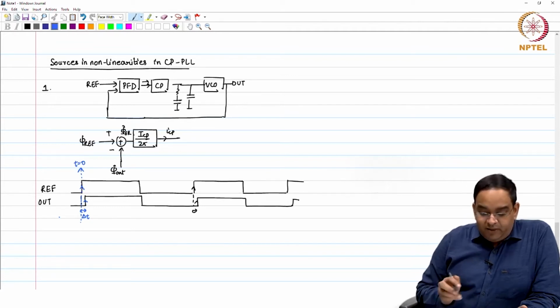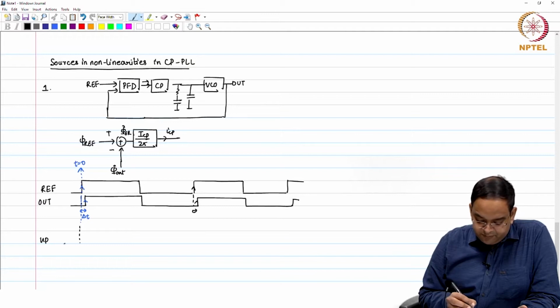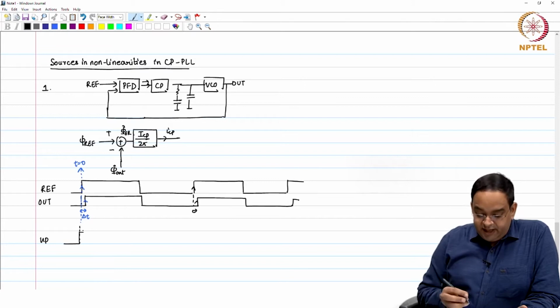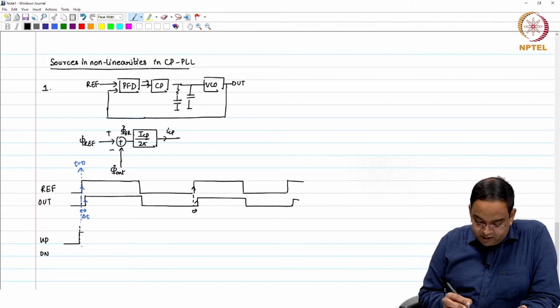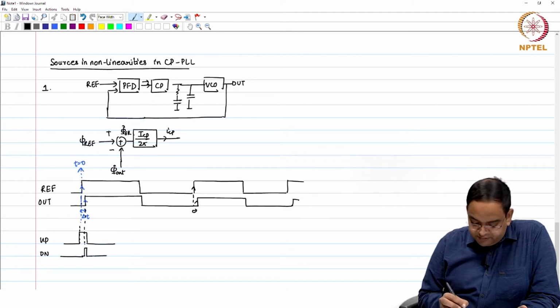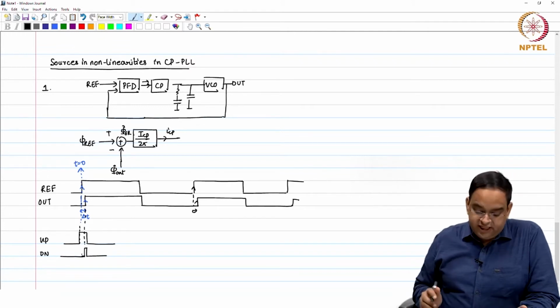What happens as soon as you get the rising edge on the reference, your up pulse goes high, and it remains high till the time your output pulse goes high. So, when the output pulse goes high, we have seen that it will have some overlap period and this will go down and this also goes down, fair enough. So, this is what happens in the actual PFD.